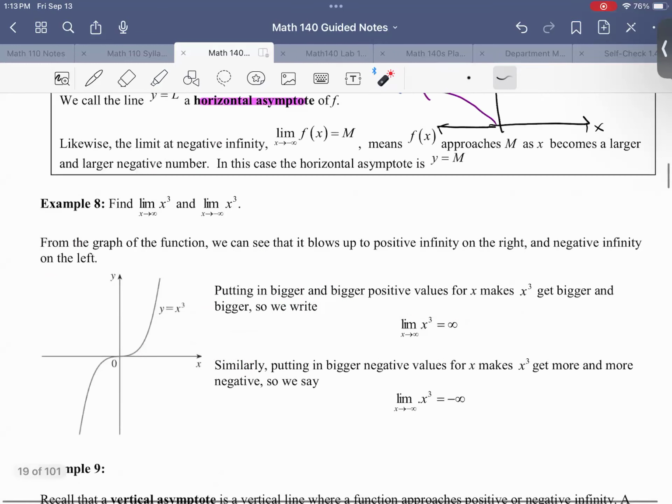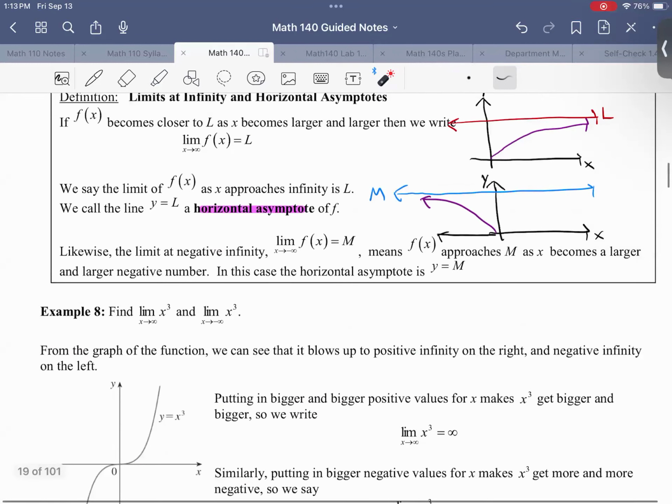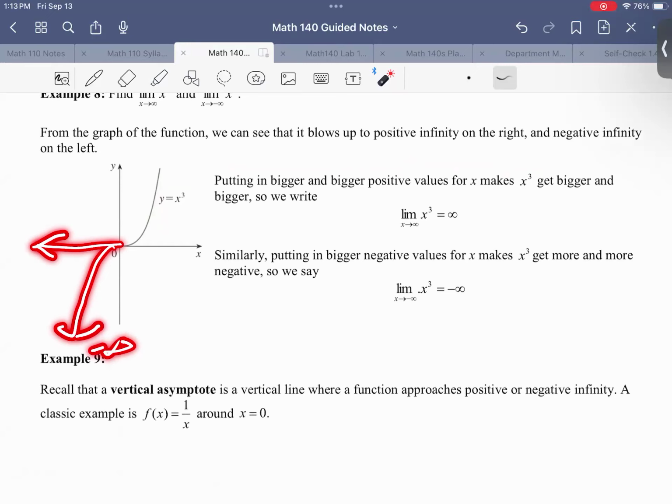So it's not always the case that as we go to infinity, we're going to meet some stoppage. It might be the case, as with this one, that we just keep going to infinity. So the limit as x goes to infinity equals just infinity. If x gets big, then y gets big. Similarly, if our x values go to negative infinity, that means our y values are going to negative infinity for this function.